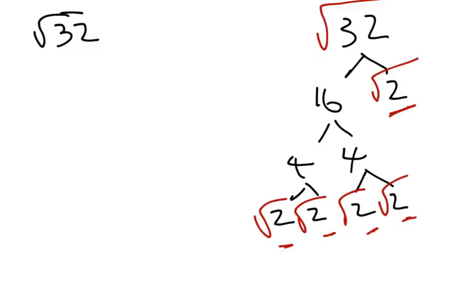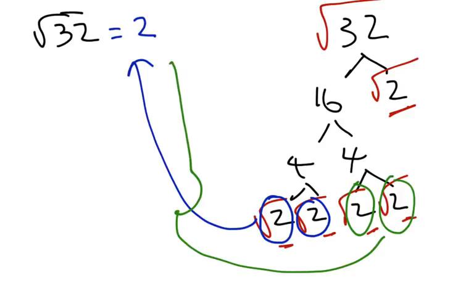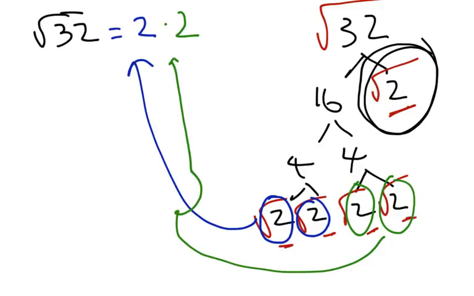Simple rule. For every 2 that are inside the radical, 1 is coming outside the radical. Again, 1 2 is coming out of the radical. Because there's only one 2 left over here, it stays inside the radical.